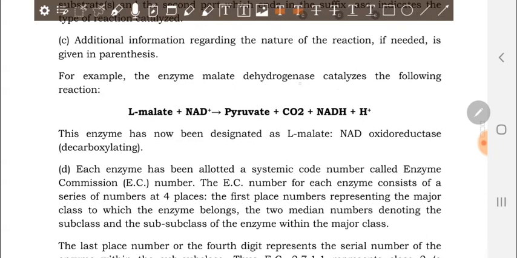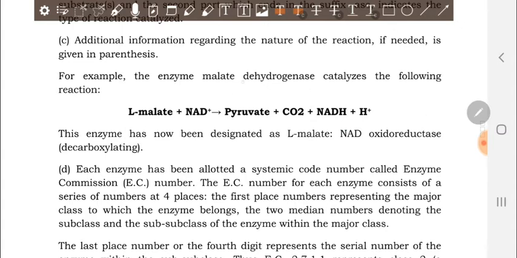As an example, here I give malate dehydrogenase. This enzyme is involved in the conversion of malate to pyruvate in the presence of NAD plus, and pyruvate plus carbon dioxide and NADH are formed.